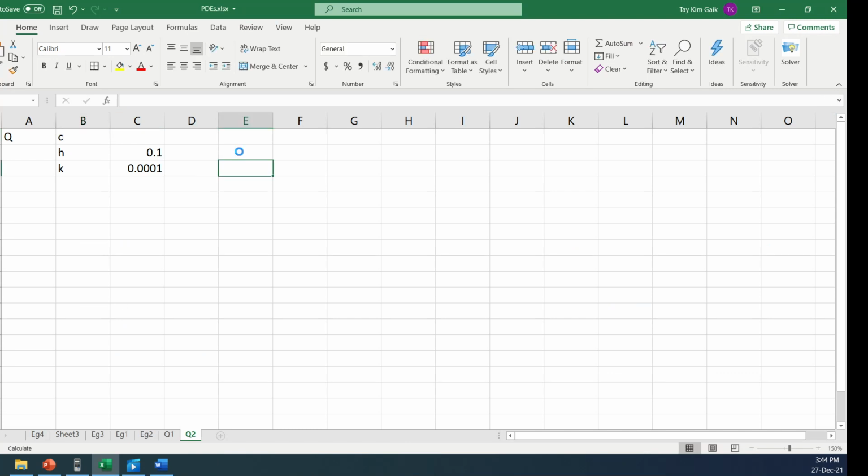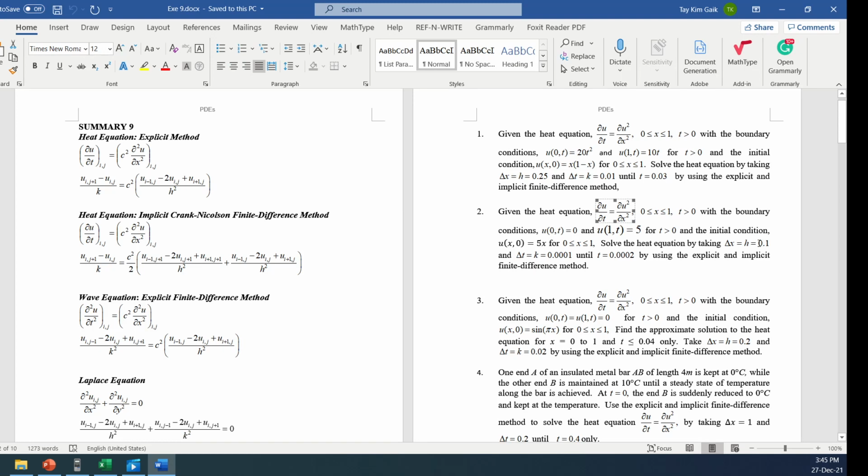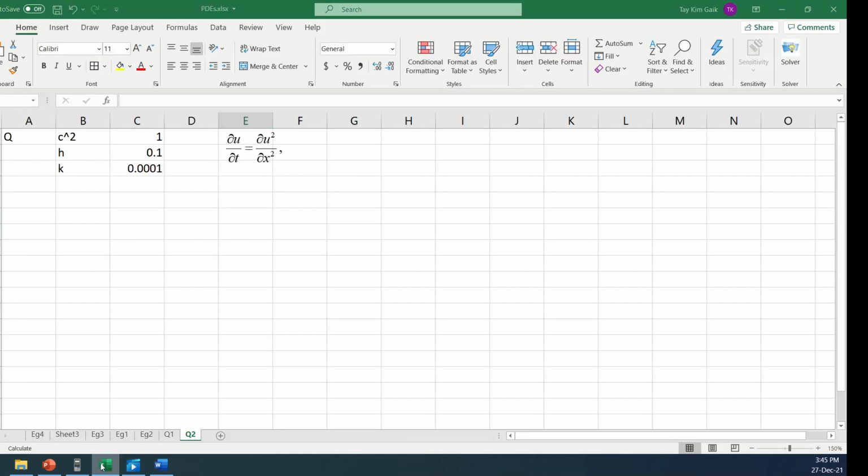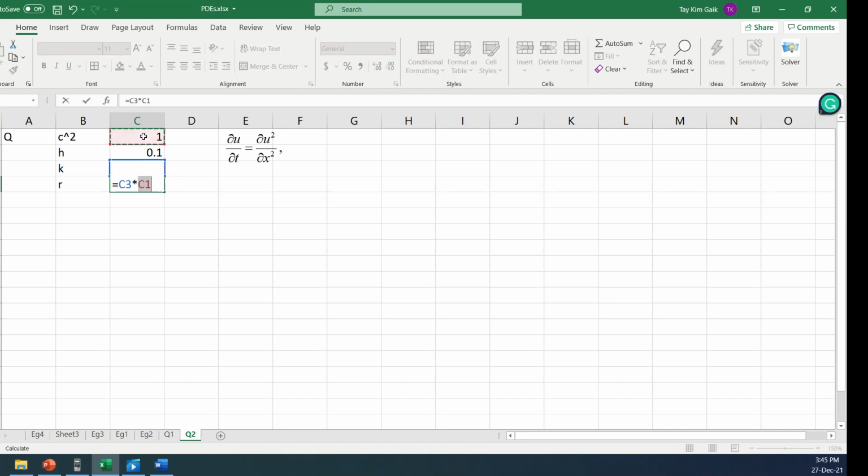So the coefficient of ∂²u/∂x², c squared, is actually 1. h is 0.1, k is 0.0001.